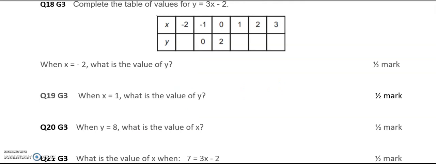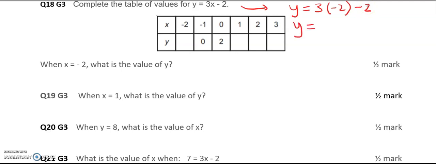This question we have to complete the table of values for y equals 3x minus 2. When x is equal to minus 2, what is the value of y? So what we're going to do is rewrite this for x being equal to minus 2. So y is equal to 3 times minus 2 minus 2. So just replacing x with minus 2.